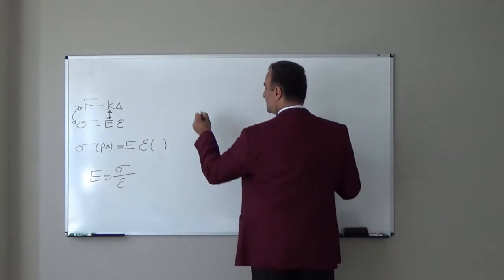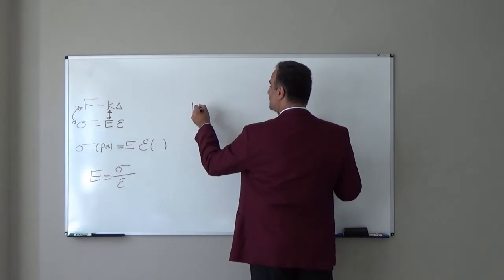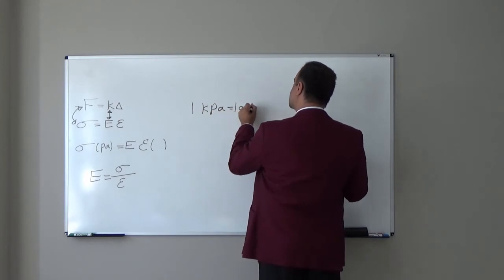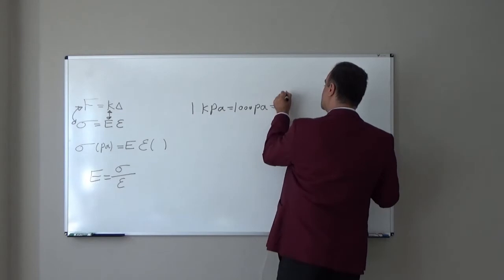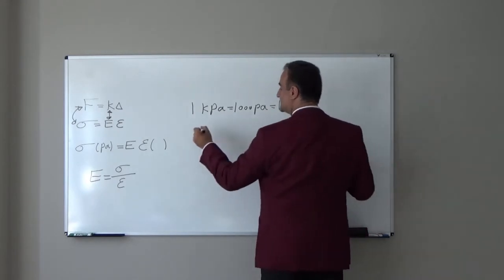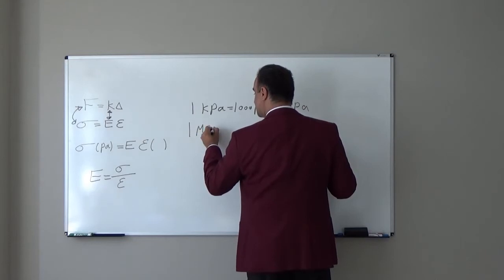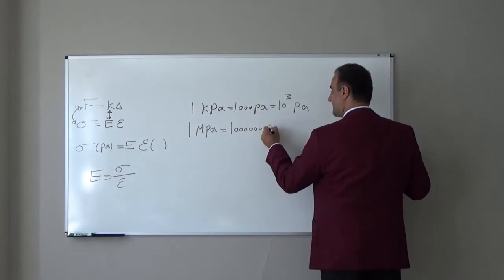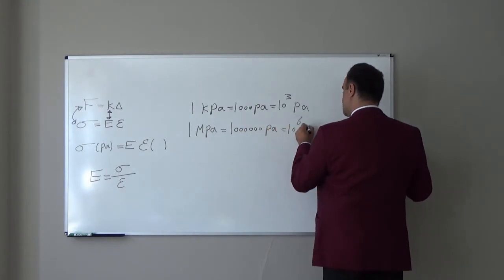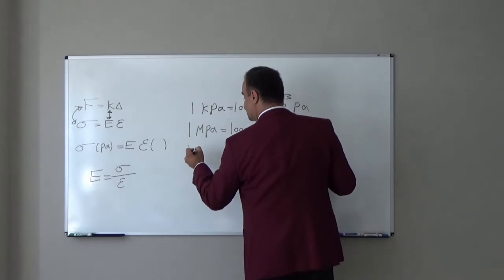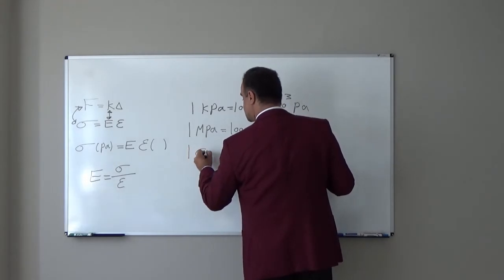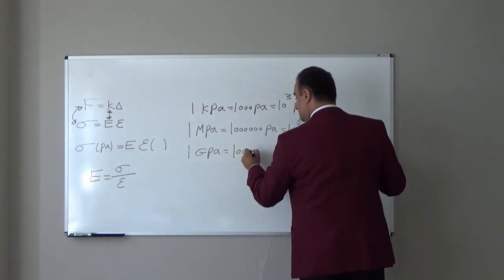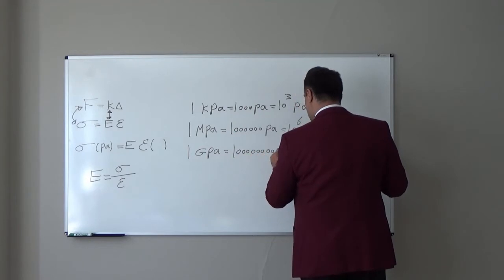Sometimes they call it kilopascal. 1 kilopascal is 1000 Pascal. Or sometimes they report as a megapascal. 1 megapascal is equal to 1 million Pascal. Or sometimes they report in gigapascal. 1 gigapascal is equal to 1 billion Pascal.